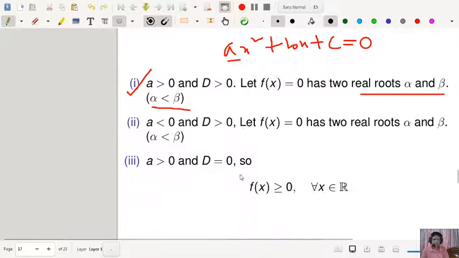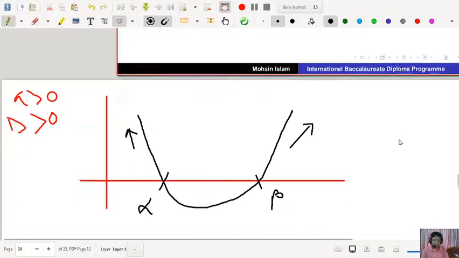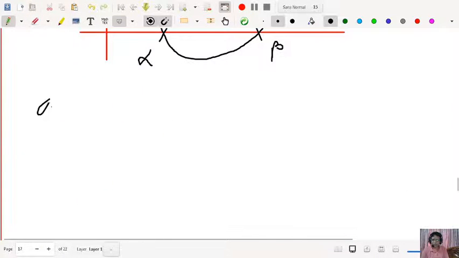Next, if a < 0 but D > 0, D is positive, f(x) has two real roots, alpha and beta again.